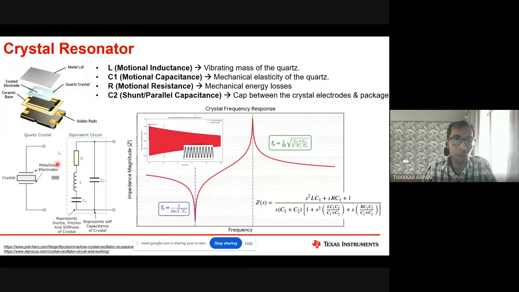So if you try to build this circuit by yourself, you will get this kind of curve, but its quality factor will not be that good. If the quality factor is not good, this peak will not be very sharp; it will be something like broader. I have not included the quality factor analysis. Now, if you have a wider peak, what will happen?